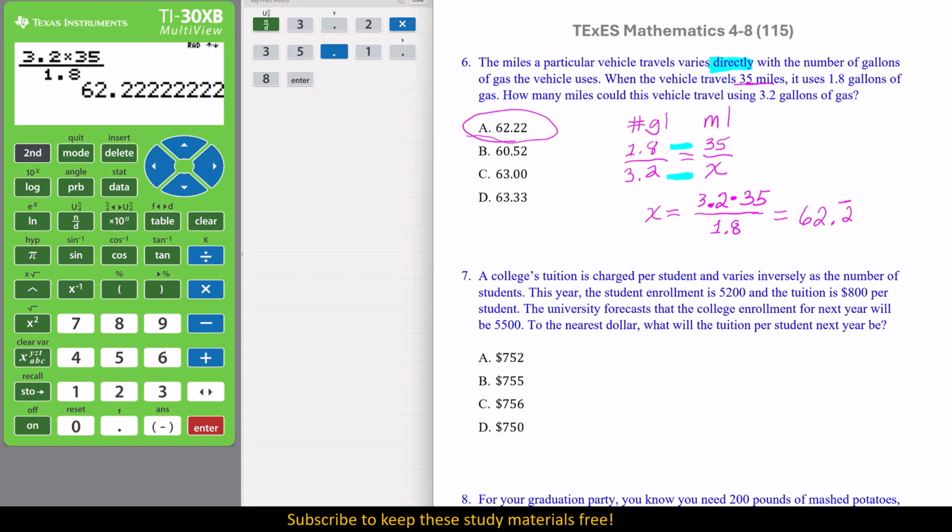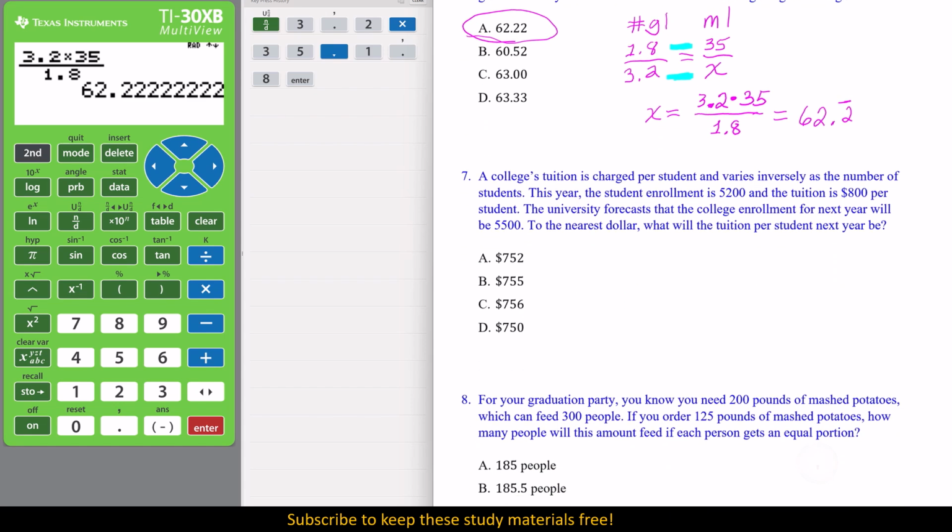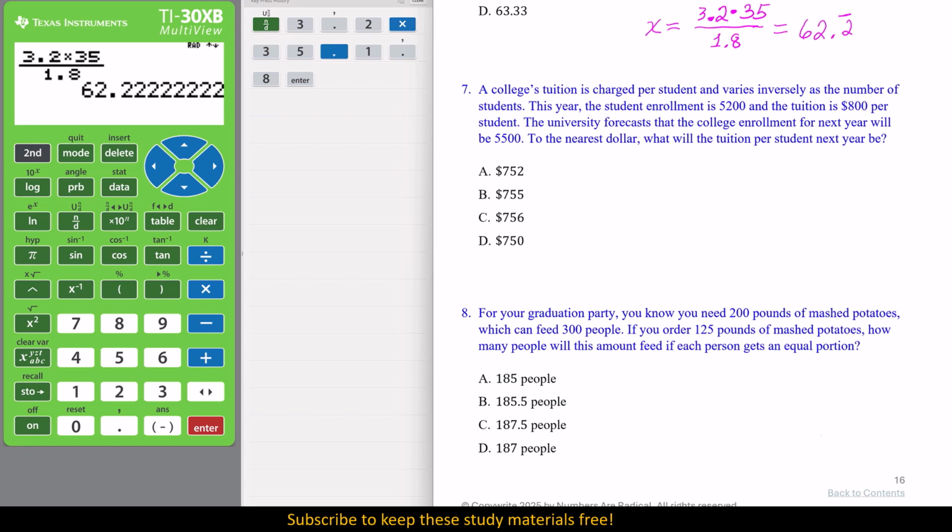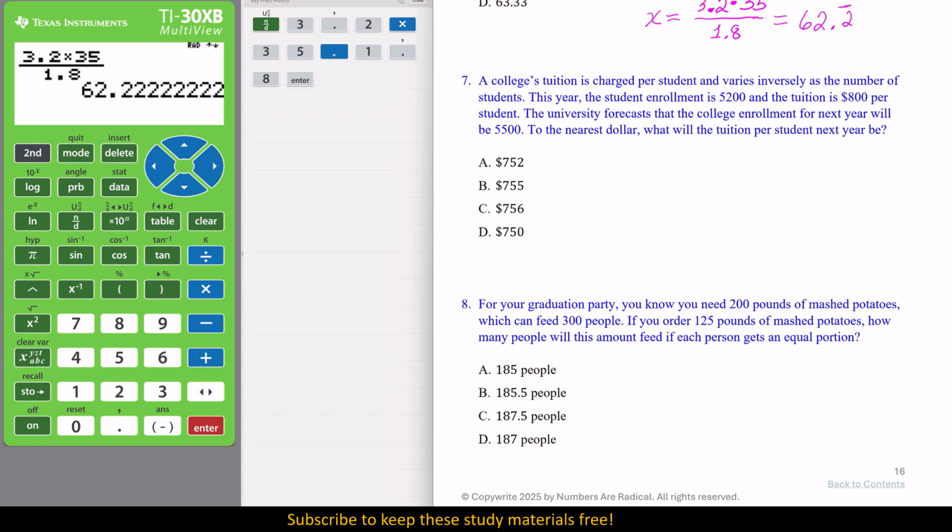All right, now let's look at 7. Let's go up here. A college's tuition is charged per student, and varies inversely as the number of students. So that means as the number of students increases... okay, we'll look at this in a second.